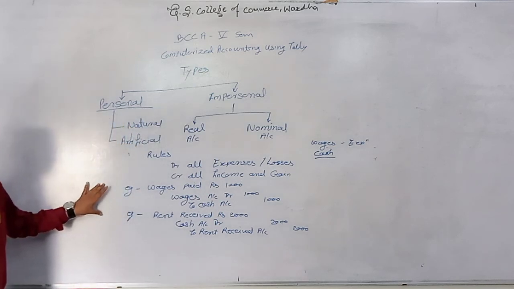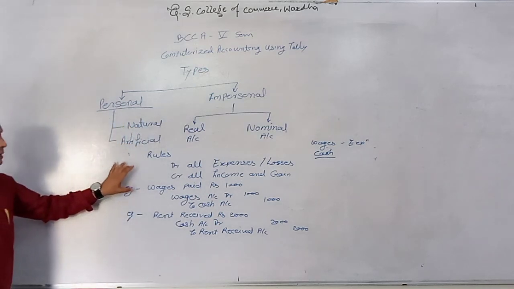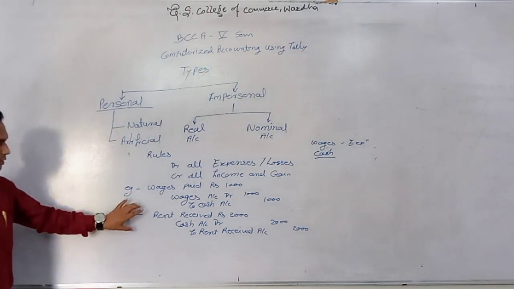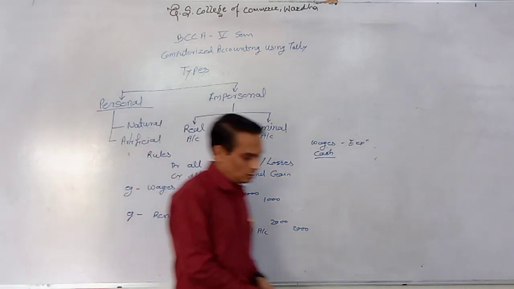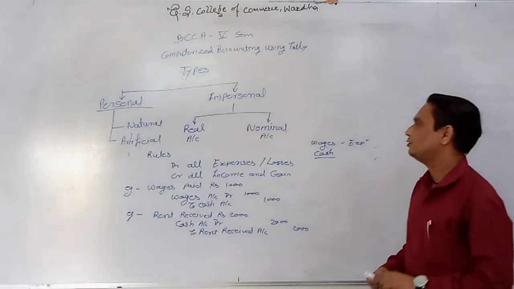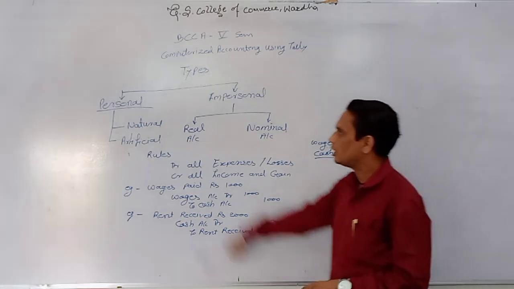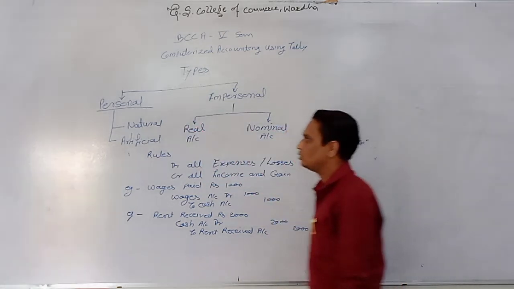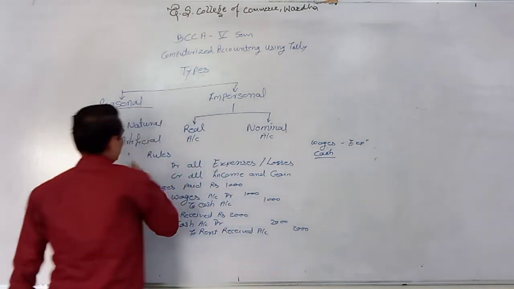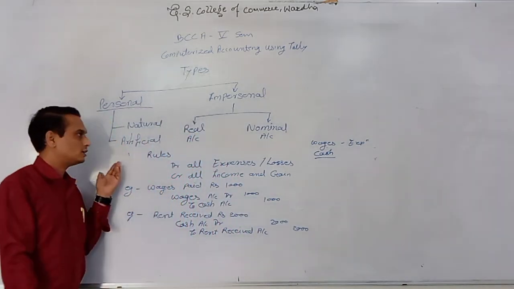So this way we explained expenses and incomes. We have two types of accounts, personal account and impersonal account. In personal account we have two types of persons, natural and artificial.